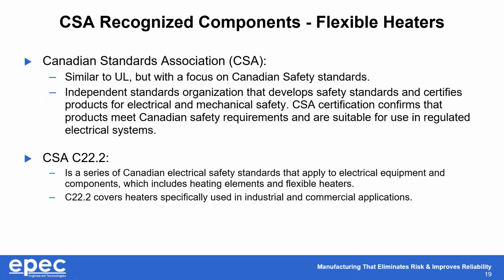CSA, also known as Canadian Standards Association, is very similar to UL, but instead of being a US-focused entity, has a focus on Canadian safety standards. Again, they're an independent third-party organization that develops the standards.